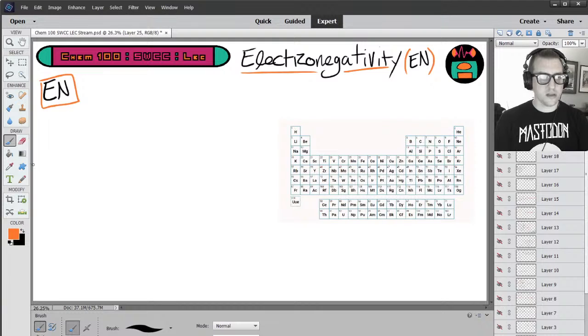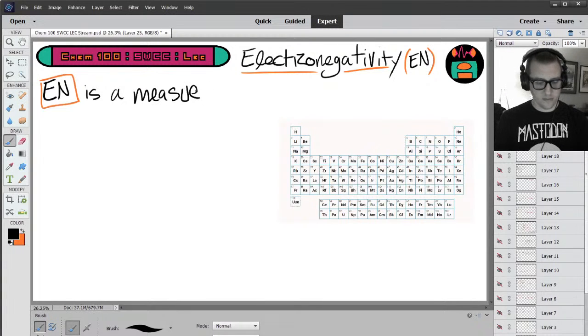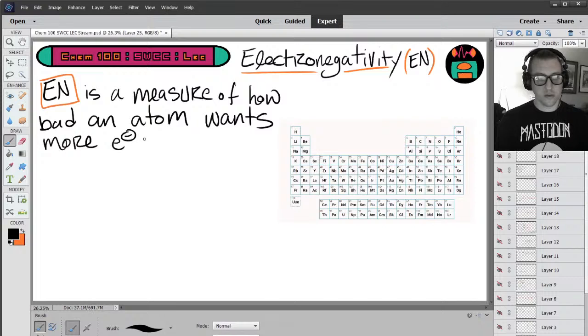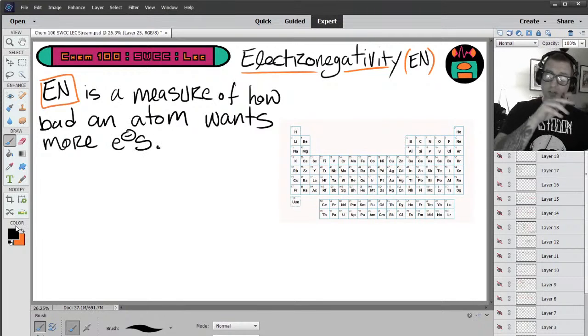Electronegativity is a measure of how bad an atom wants more electrons. All right, electronegativity is a measure of how badly an atom wants more electrons.